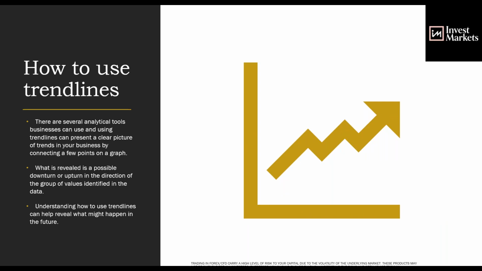There are several analytic tools a business can use, and using trend lines can present a clear picture of the trend in your business or in the asset you're trading. What is revealed is a possible downturn or uptrend in the direction of a group of values identified in the data. Understanding how to use trend lines can help reveal what might happen in the future.